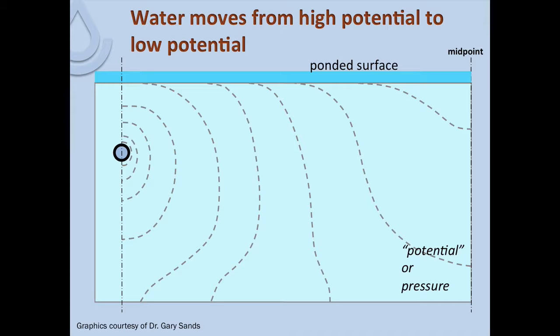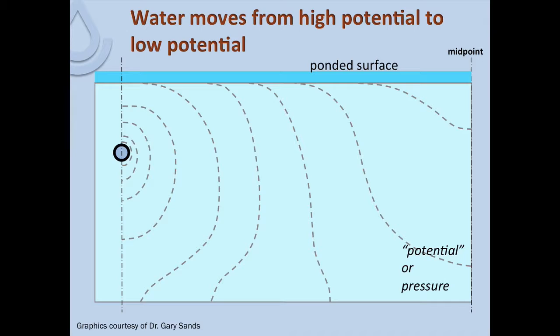And so we'll start to get a pressure gradient developing as we move away from the drain. The gray dashed lines here represent those lines of equal pressure emanating out from the drain.